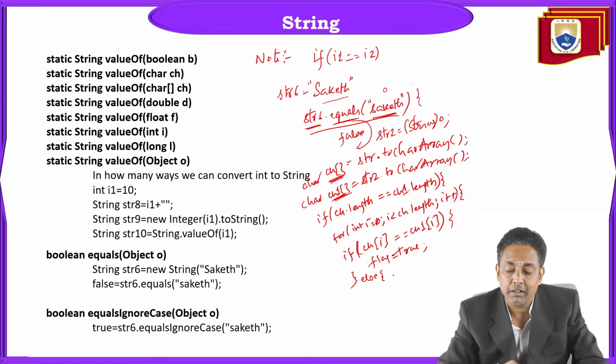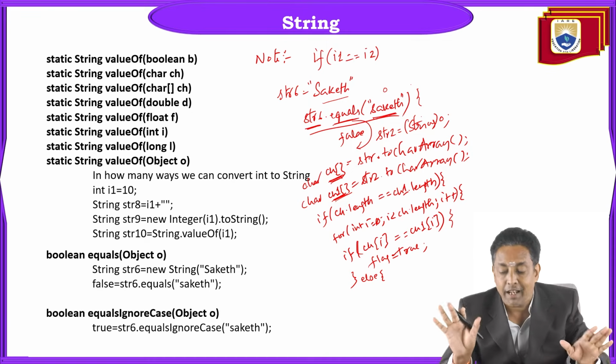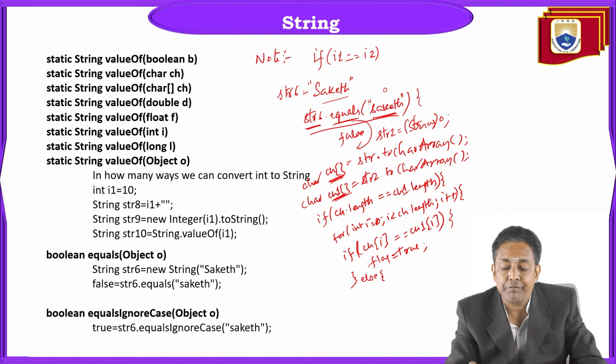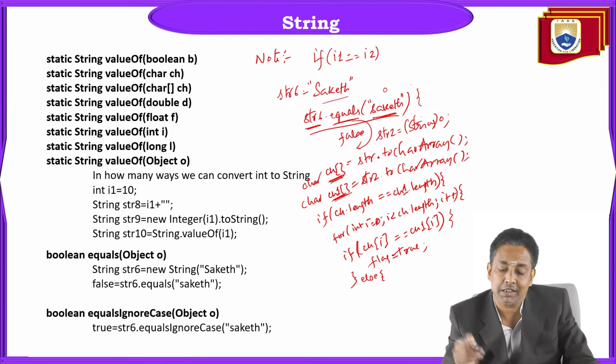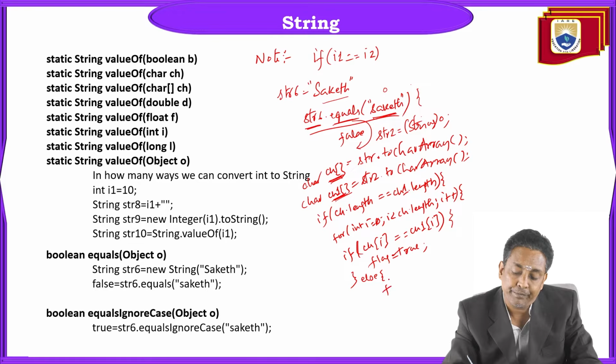Else is very important. At any point of time, if the characters at a particular index in these two arrays are not the same, if any one character mismatches, else flag = false immediately.